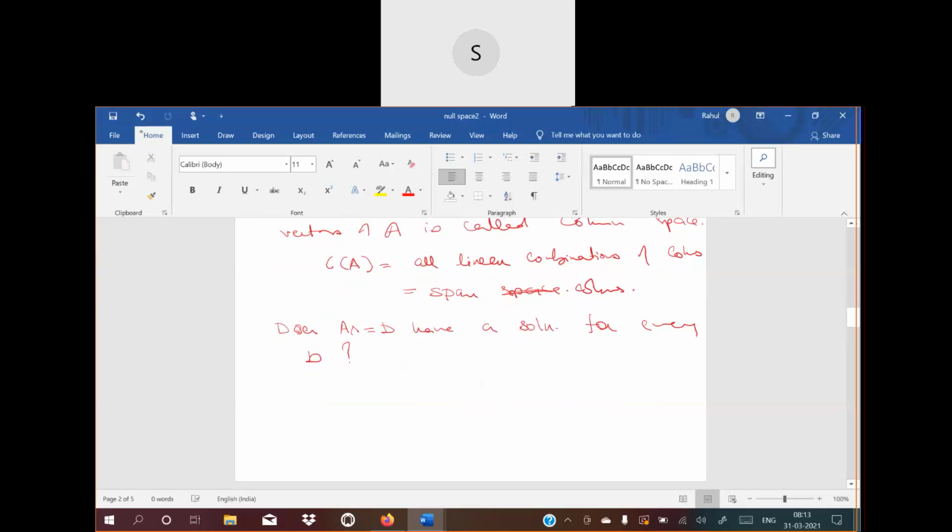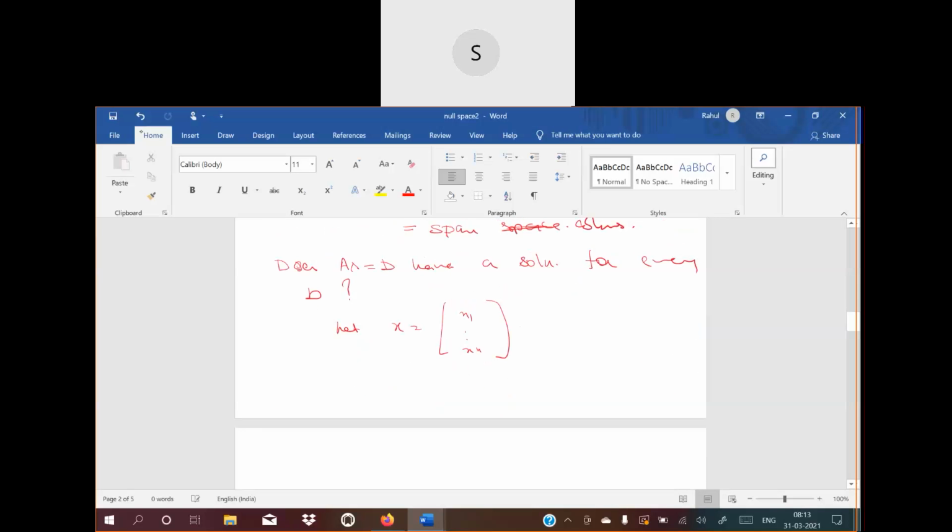It means let x equal x1, x2, up to xn. Then we can write Ax as a linear combination: x1 c1 plus x2 c2 and so on up to xn cn, right?